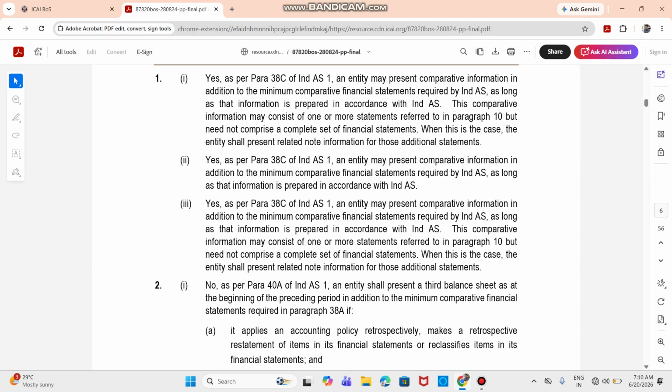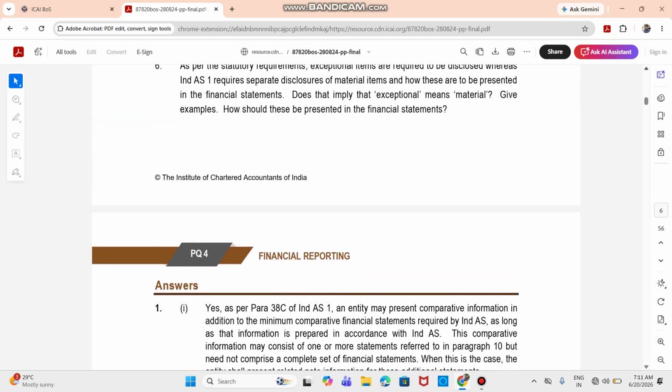So the comparative information may consist of one or more statements referred to in para 10, but they need not comprise a complete set. That is fine. So in these cases, the entity shall present related notes only for those additional statements. So even though the entire set is not required, if that particular scenario is covered, then it is permitted by para 38C of the standard. That is it.